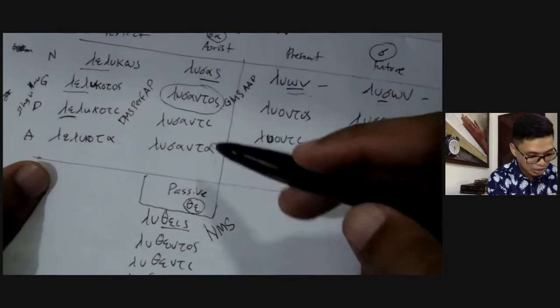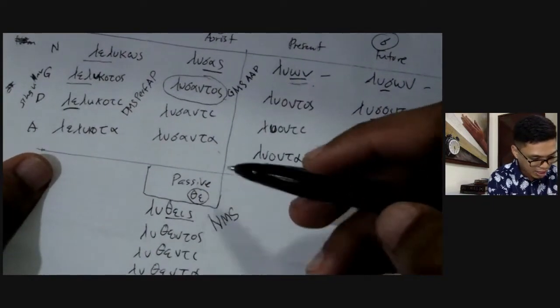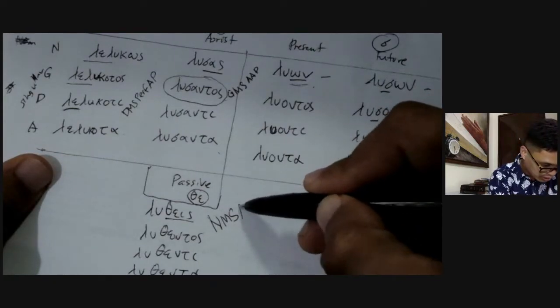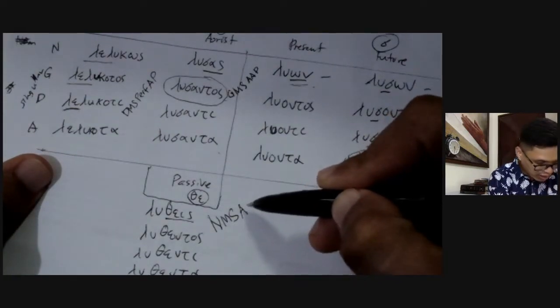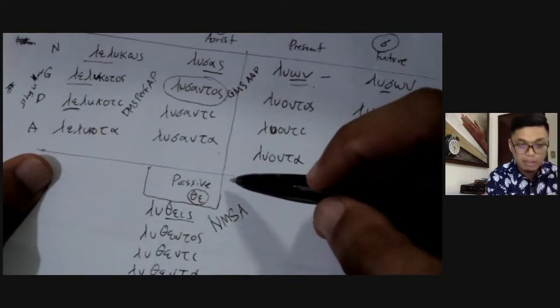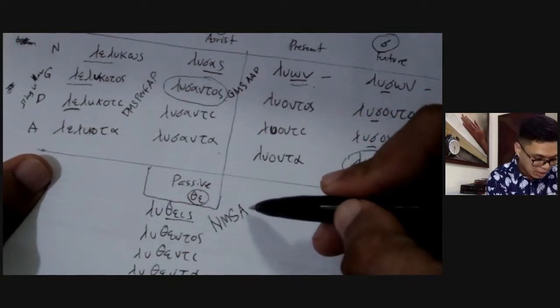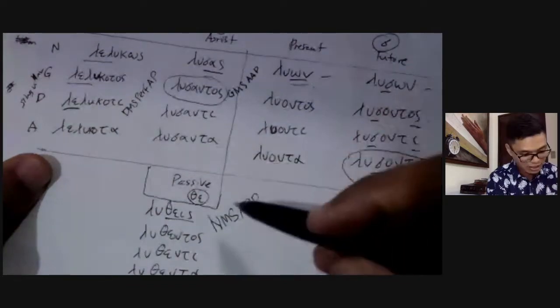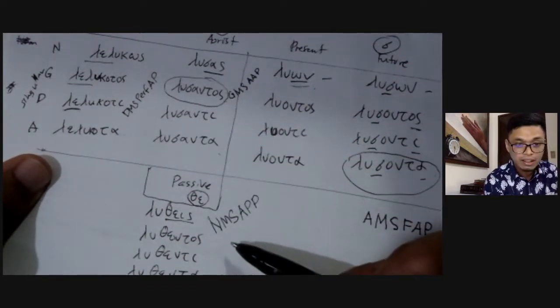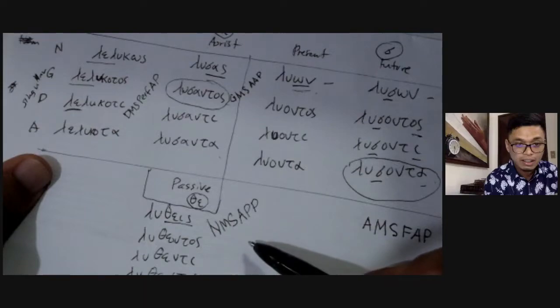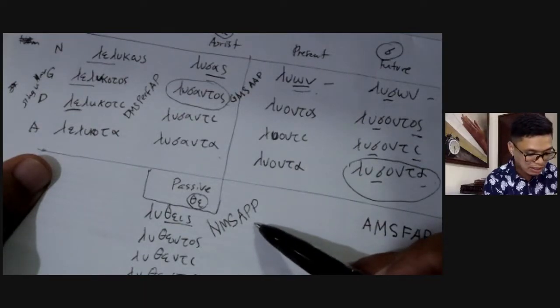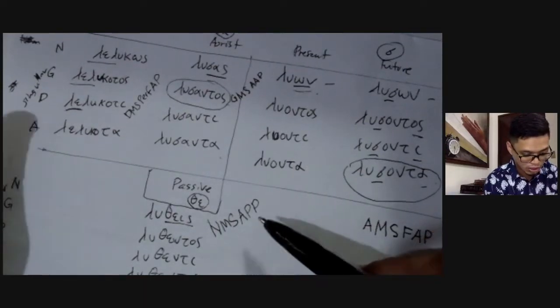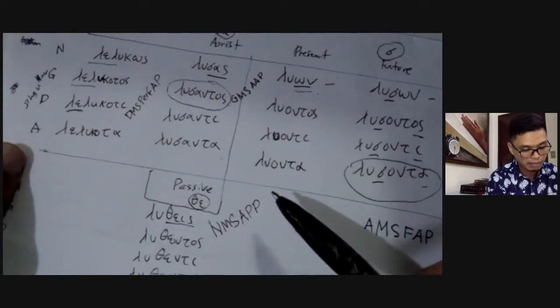This one is the passive aorist, and uses they. So you just put there aorist. But instead of putting active, as all of the previous examples were active, this one is aorist, passive, participle. See? Nominative, masculine, singular, aorist, passive, participle.